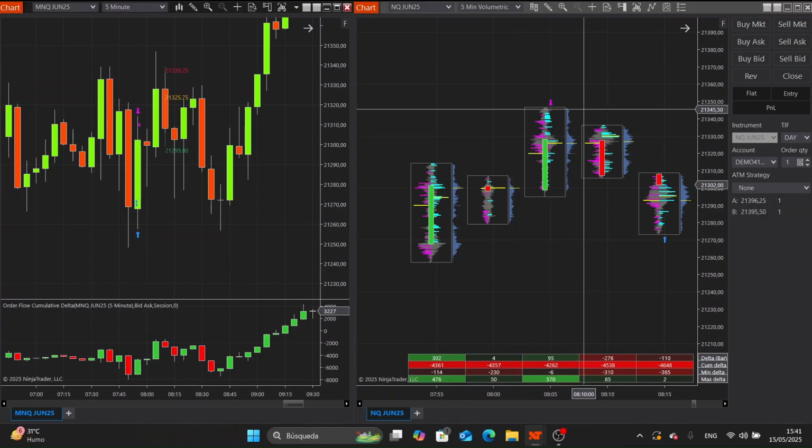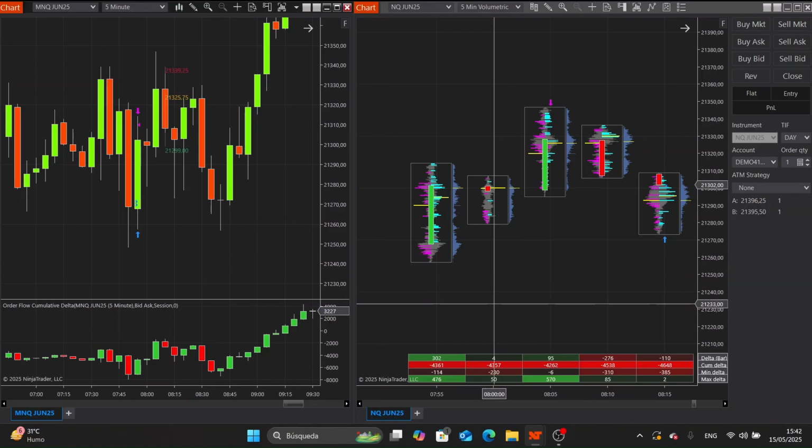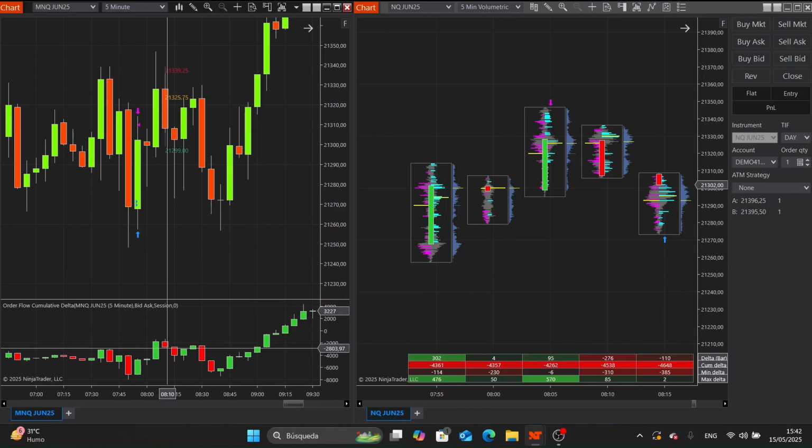That's a strong bearish signal. So this one should be more of a wick. I don't know why that's showing wrong, but okay. This actually should be way stronger. I'm going to show you a picture because I have another PC with the actual session delta.